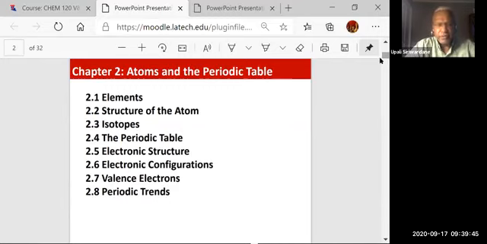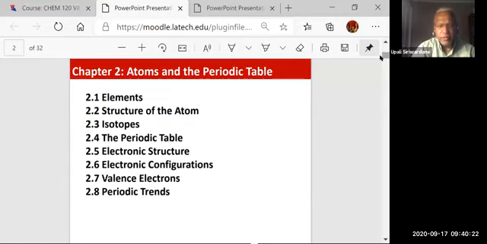Then we go into the structure of the atom and talk about subatomic particles, atomic structure, nucleus, electrons. Nuclei are made up of neutrons and protons. And there are some elements with different masses because they contain different amounts of neutrons. They are called isotopes. For example, carbon-12 and carbon-13.